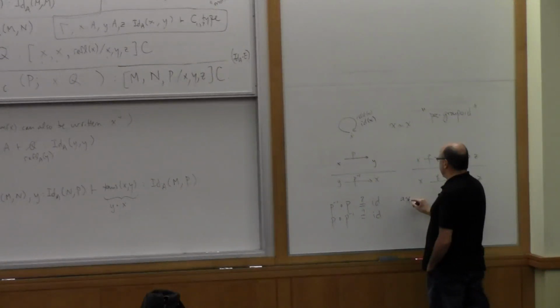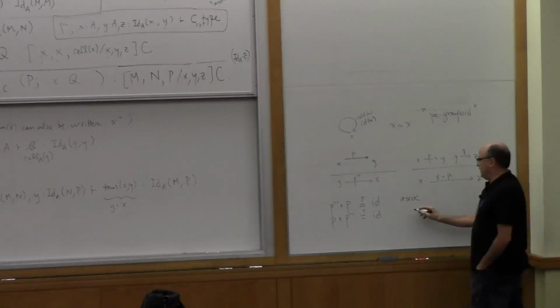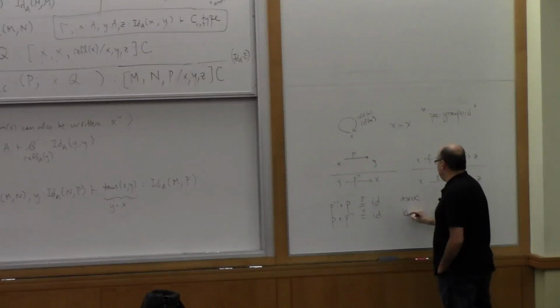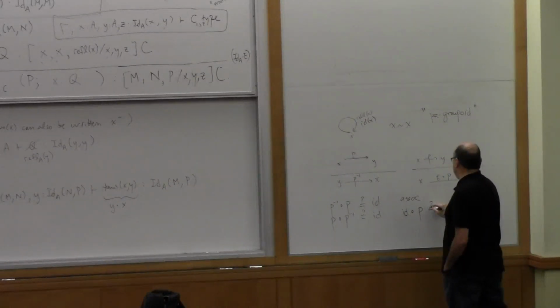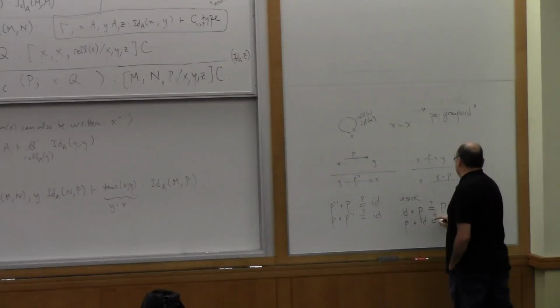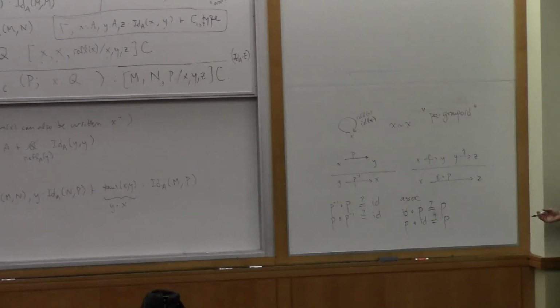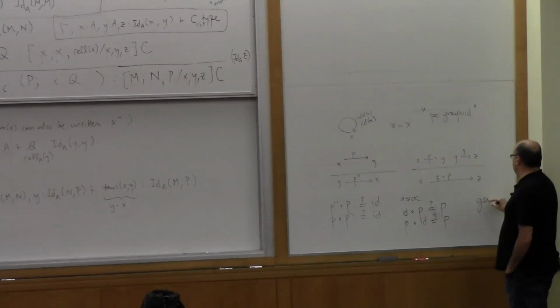Plus we should have associativity, don't make me write it out. And unit elements: the identity composed with P should in some sense be the same as P, and P composed with the identity should be the same as P. Plus associativity, and if I didn't miss anything, then we have the structure of a groupoid.